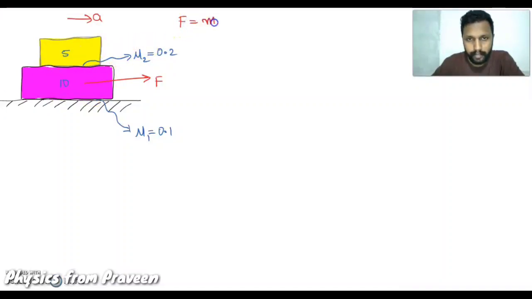The maximum force will be total mass into the common acceleration, so we have to find the common acceleration. For that, let's proceed in a similar manner as in our previous question.